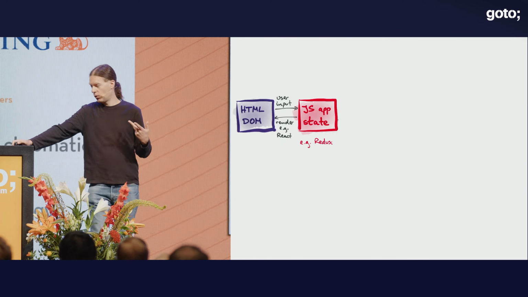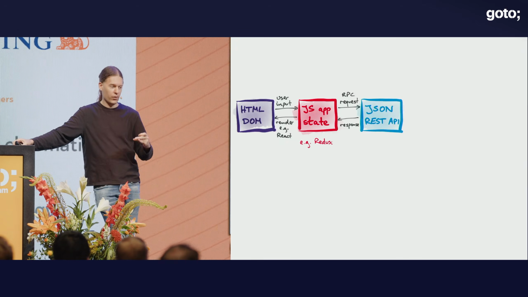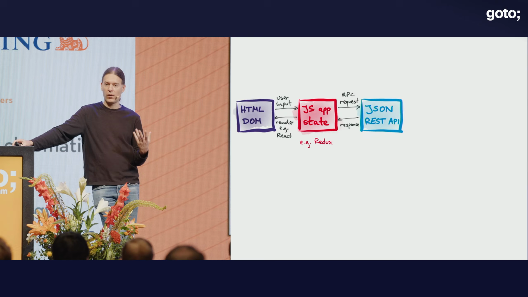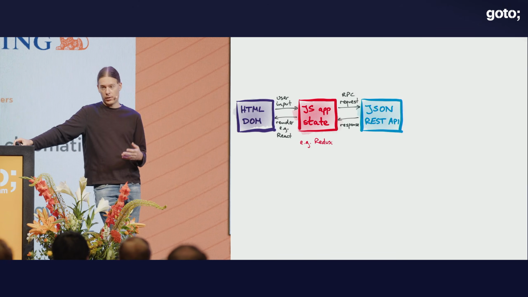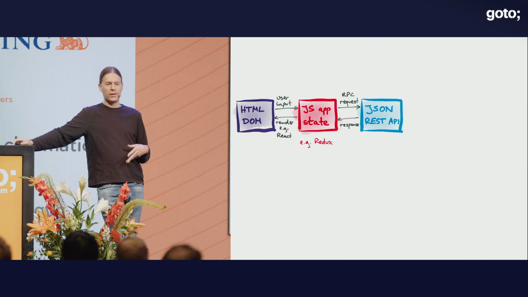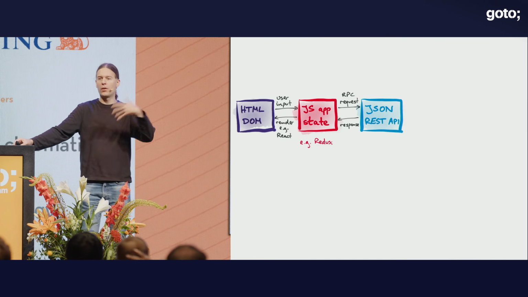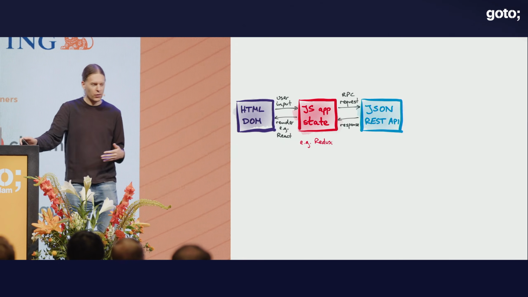But then if you want to store some data, well, that storage has to be on the server, and so the JavaScript has got to talk via a REST API in order to contact the server and store the data there. So the JavaScript has got to convert its own state into an HTTP request, and it's got to take the response that it receives and turn it back into JavaScript application state.